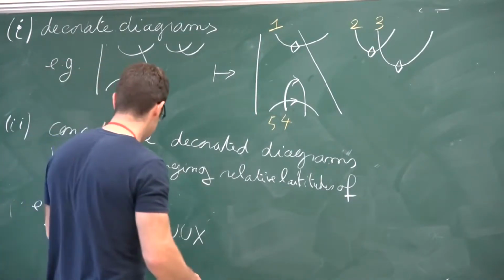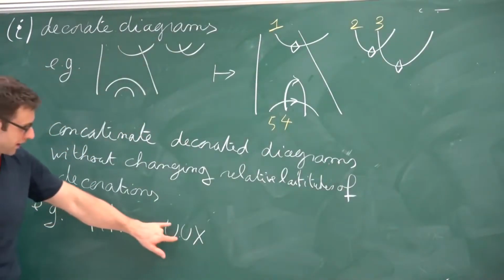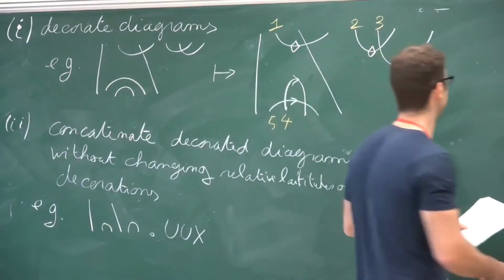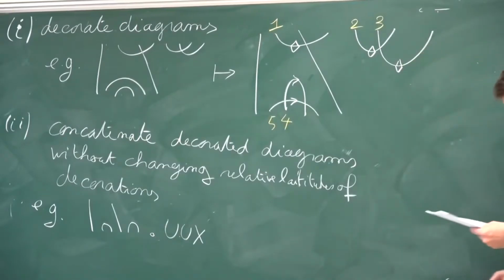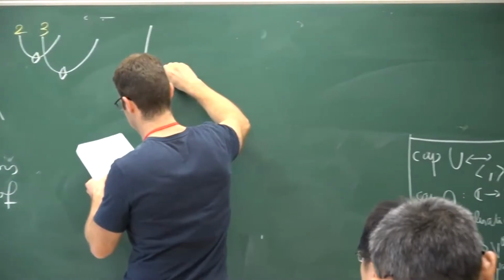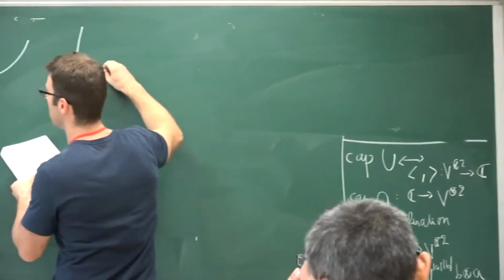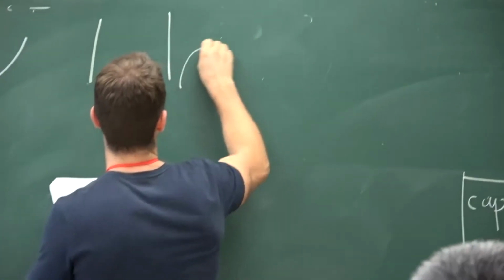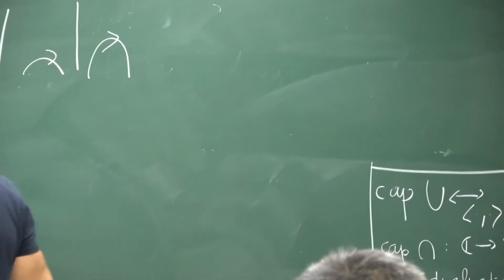So I can compose these two things because I have 6 dots here and 6 dots there. So I do what I tried to explain there. I add the decoration in the correct way.